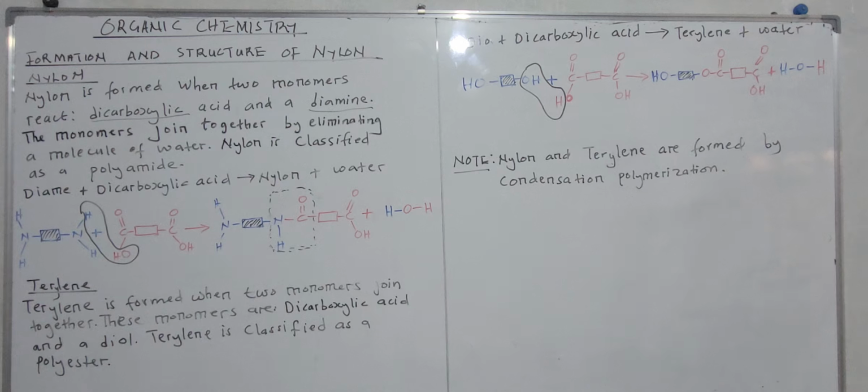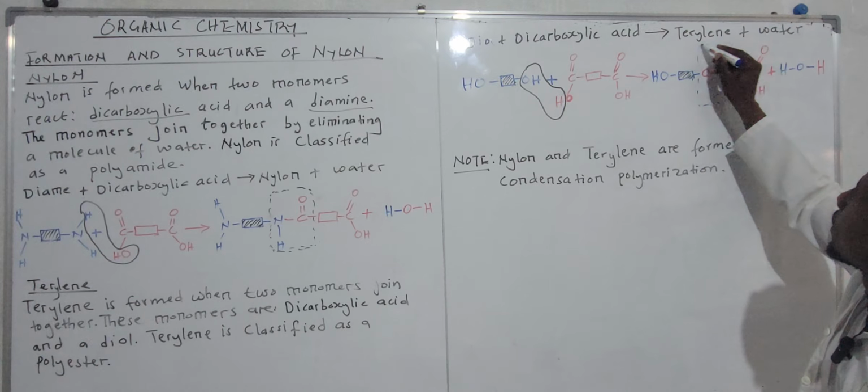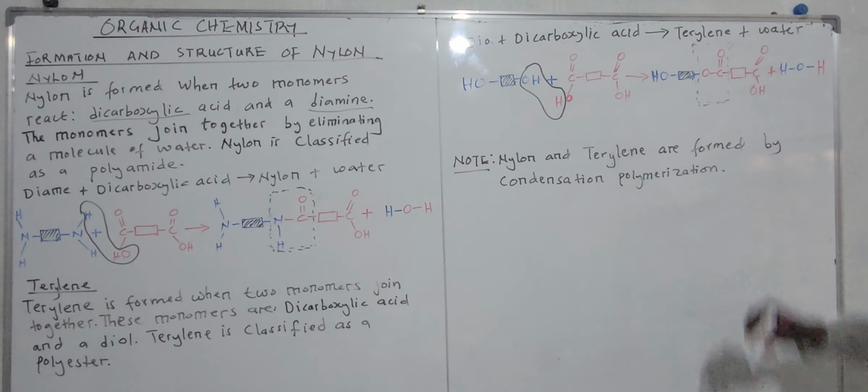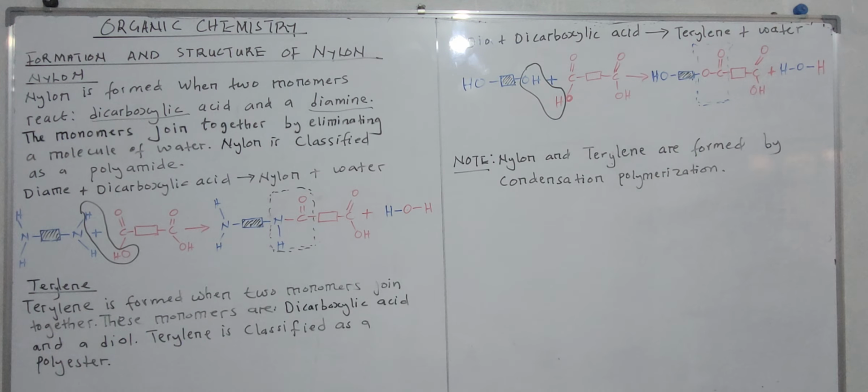Like I said, it is classified as a polyester because of the ester linkage here. In case you find a question where they ask you to circle where the ester linkage is, it is there. Then in the nylon we have the amide linkage.